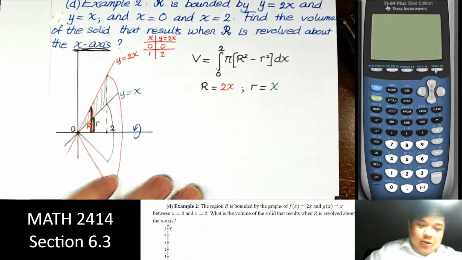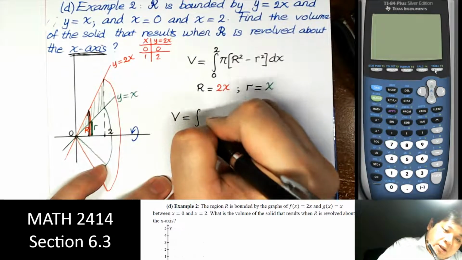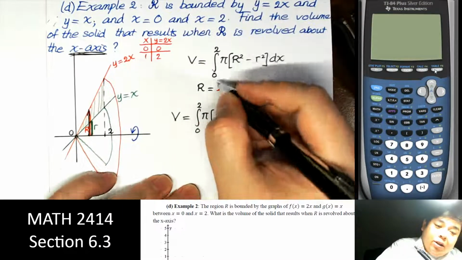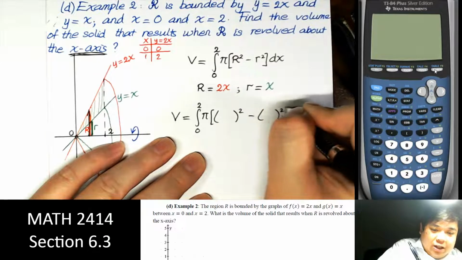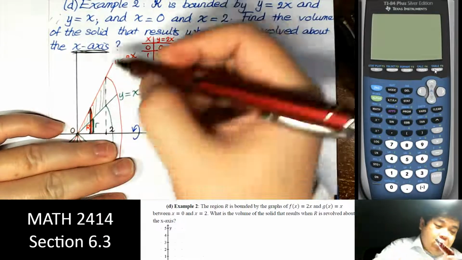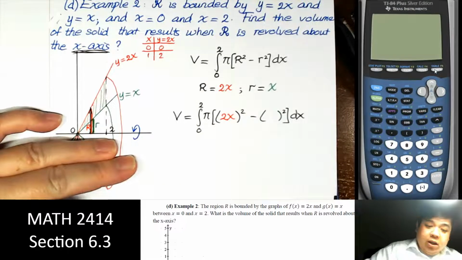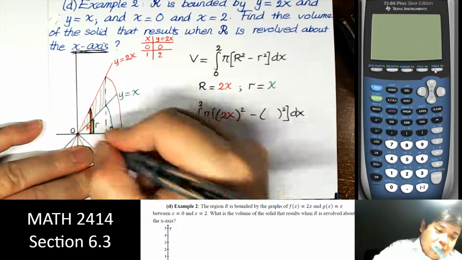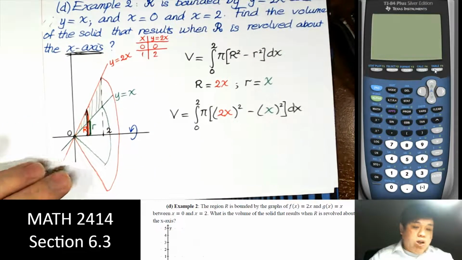And then put in the integral: the sum of the big radius squared minus the little radius squared, dx. The big radius is from the axis of rotation to the outer edge, the function 2x. The inner function goes from 0 to x. This is also simple enough that we can do it by hand.